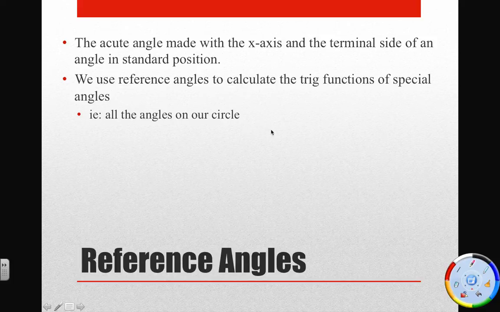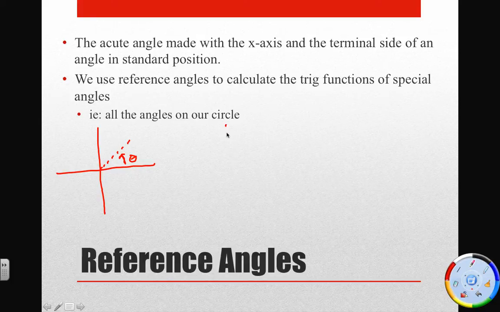So kind of make a picture of this. Let's go ahead and make a couple small pictures. Let's say, if you're in quadrant 1, this angle here, your theta, is the same thing as a reference angle. So quadrant 1 really doesn't have anything special, no special reference angles.